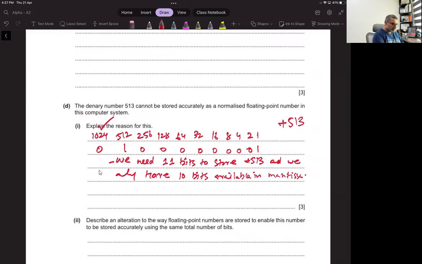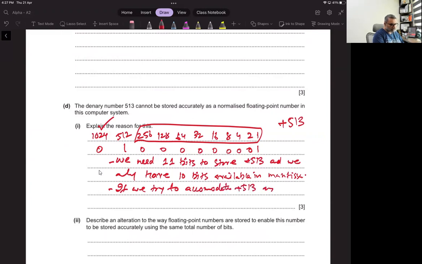So the maximum positive number that you can save is when you put all ones over here, in 10 bits. All right. So if we try to accommodate plus 513 as 10 bits, it can only accommodate up to plus 511.